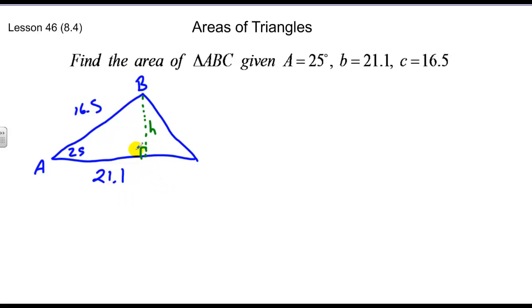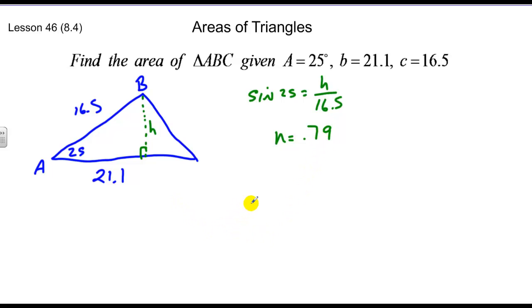Now to find that height, I know I have this right triangle over on the left where I have a hypotenuse and I'm looking for the opposite. So that sets itself up for a sine ratio. Sine of 25 is equal to the opposite over the hypotenuse. Then I can just calculate that on my calculator, which gives me h being roughly 0.79.